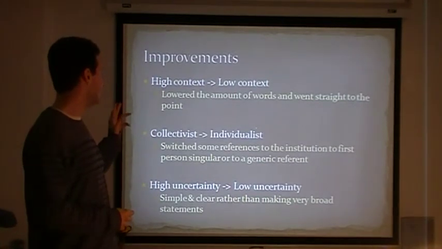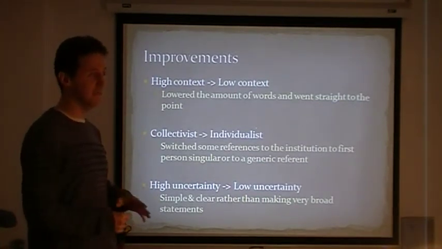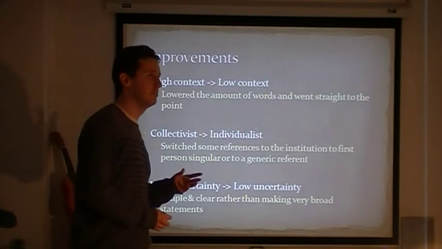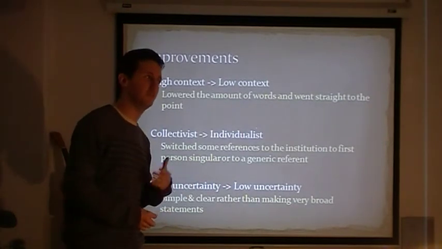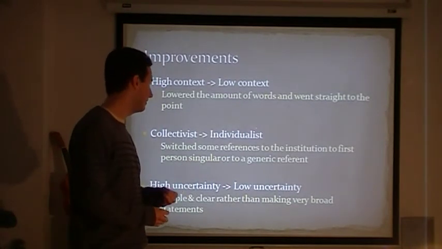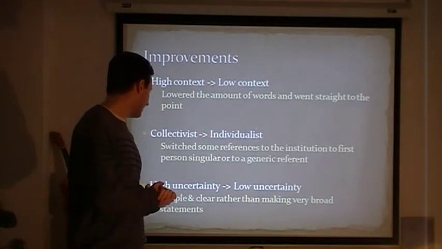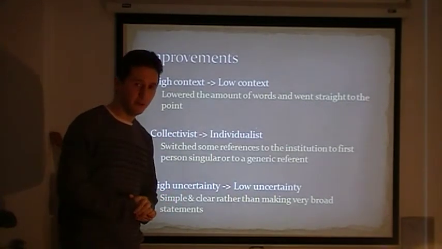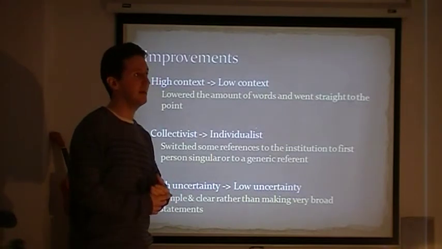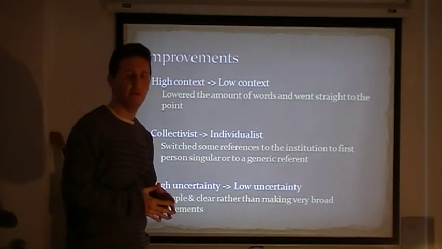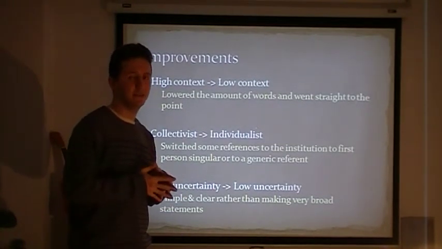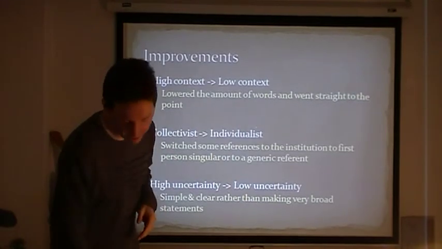In terms of individualism, once again, I tried to change most of the pronouns, such as we and our, into I. And in terms of uncertainty avoidance, once again, I tried to make everything as clear as possible and make everything explicit in the text.